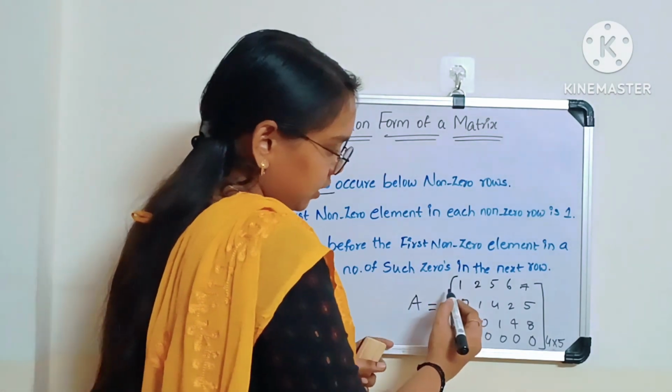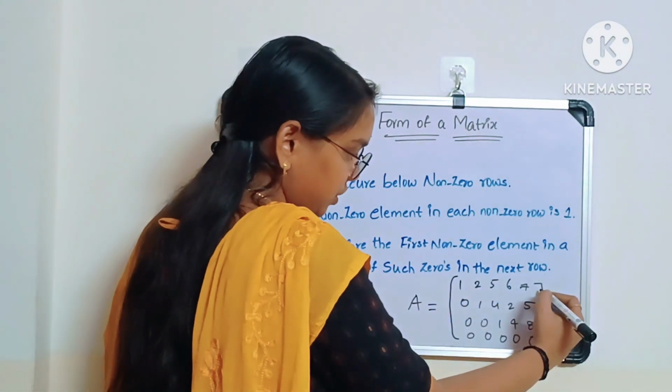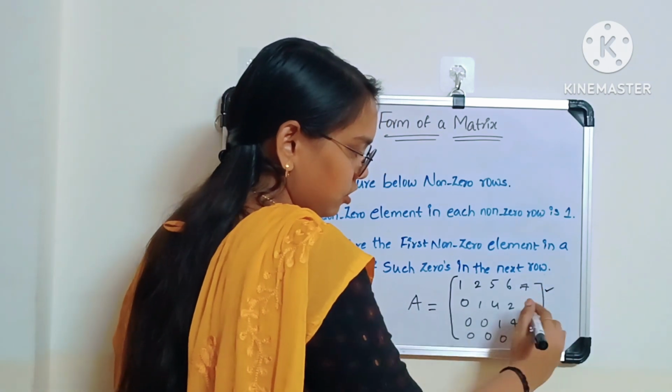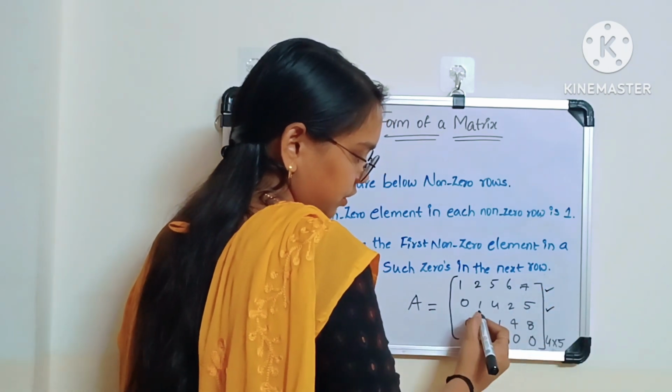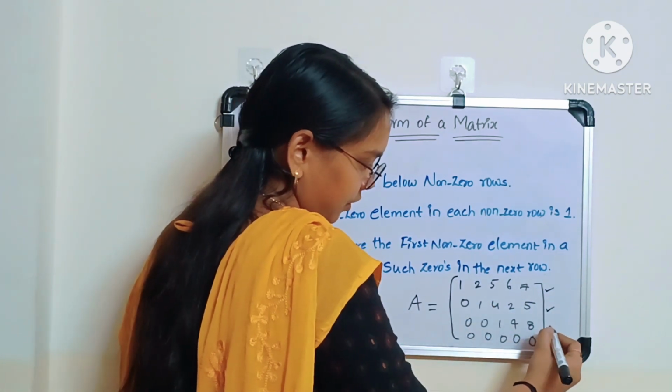Here there are so many numbers other than zero, so this is a non-zero row. This is also a non-zero row because it has the numbers 1 4 2 5, and here also we have 1 4 8.